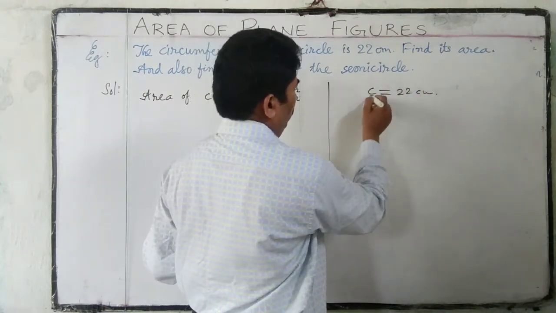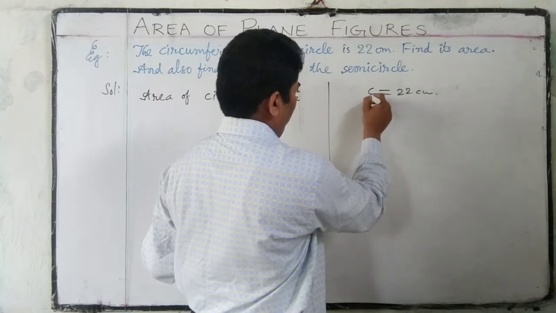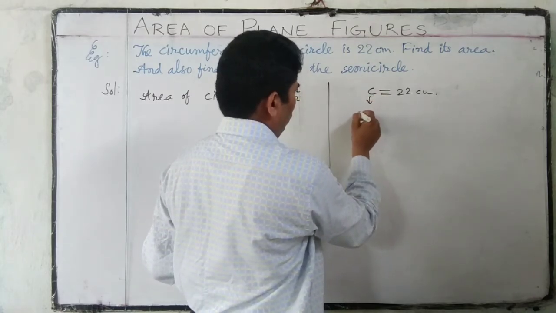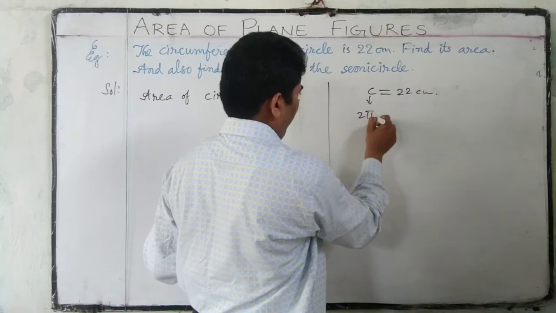Circumference is equal to 22 centimeters. We know circumference C is equal to 2 pi r.